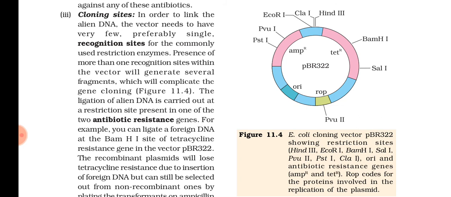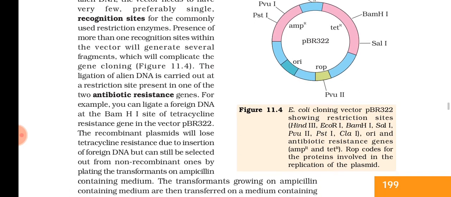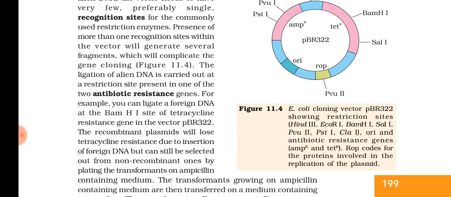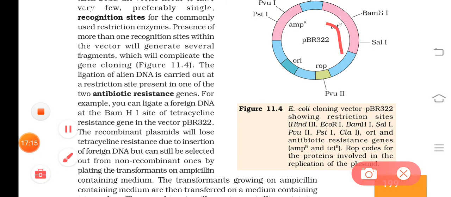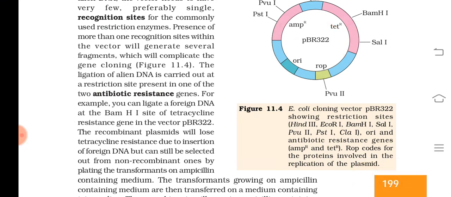Understood? So these are the various sites. Now we can introduce the gene of our interest into the BamHI site of the tetracycline region. So this is the tetracycline region and here is BamHI. This is one recognition site, so into this we can add the DNA.